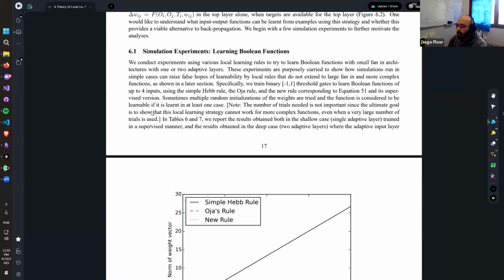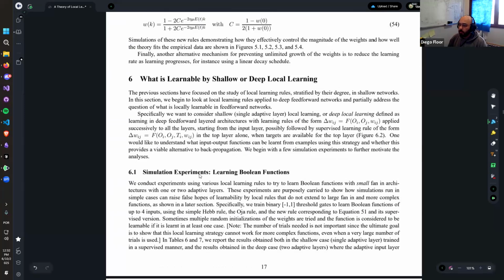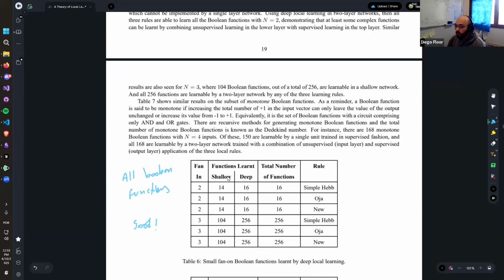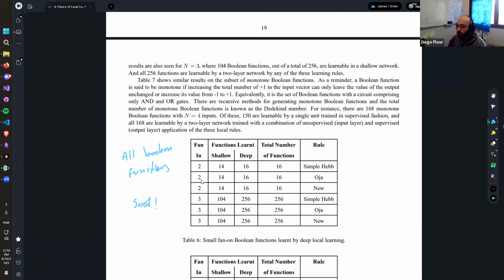Basically, the first thing they do is simulations on Boolean functions. So they have here 2 inputs. This is basically every possible combination of Boolean functions. It's not just AND, XOR, so just every possible combination. And they all work, even with the local function.